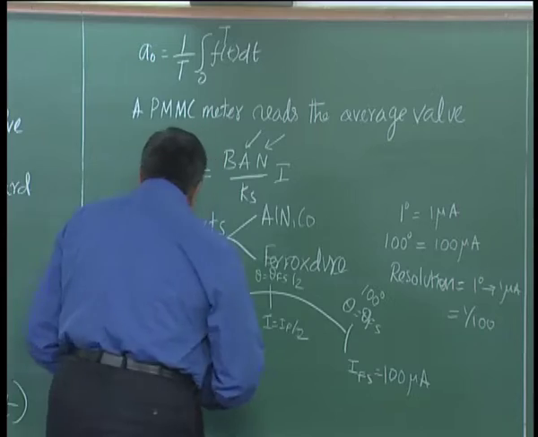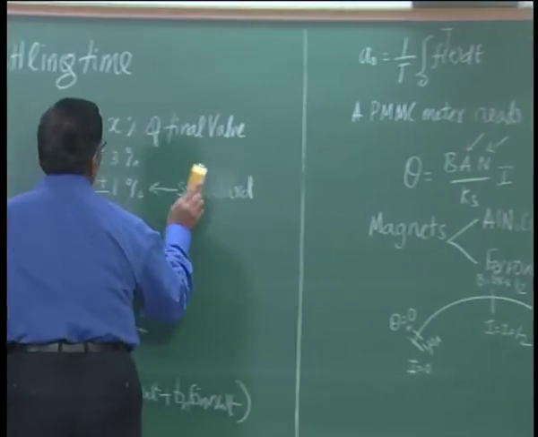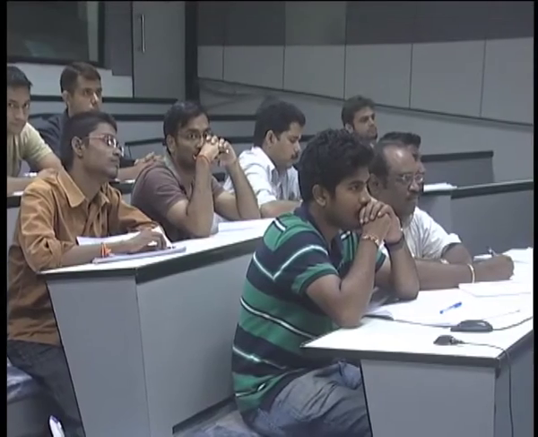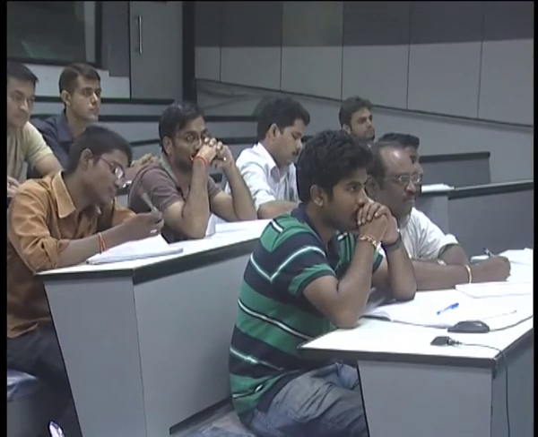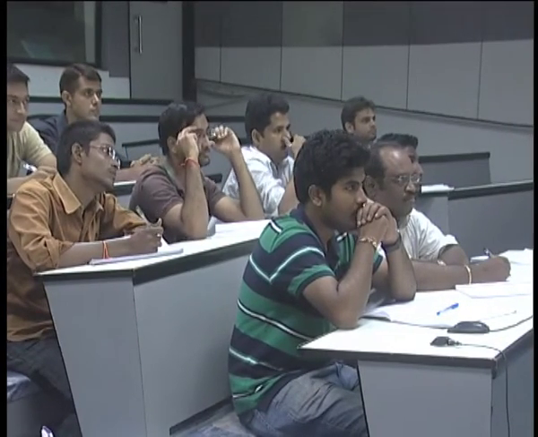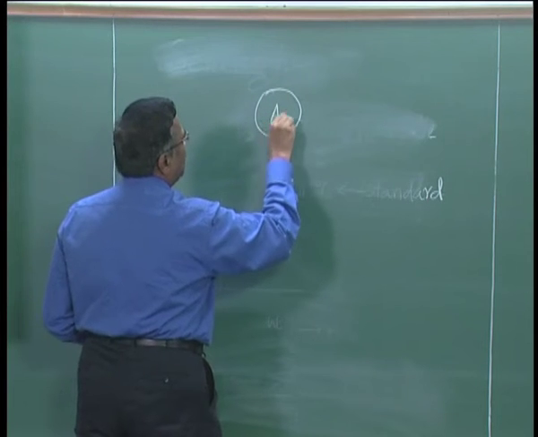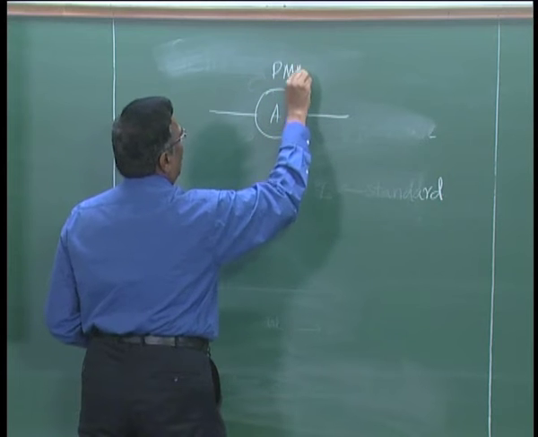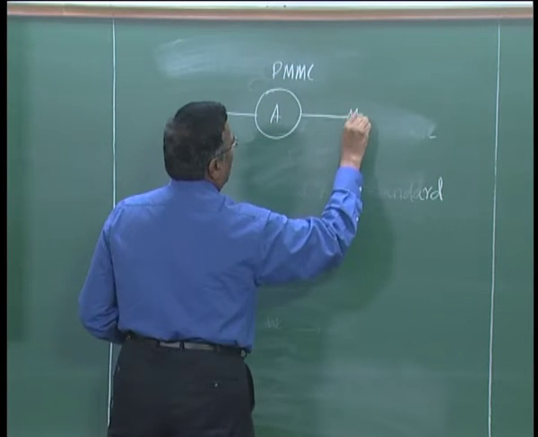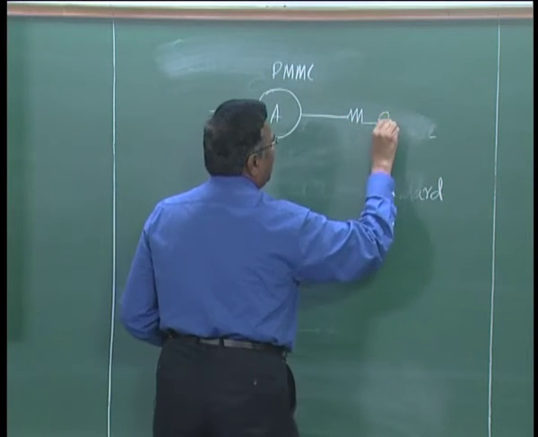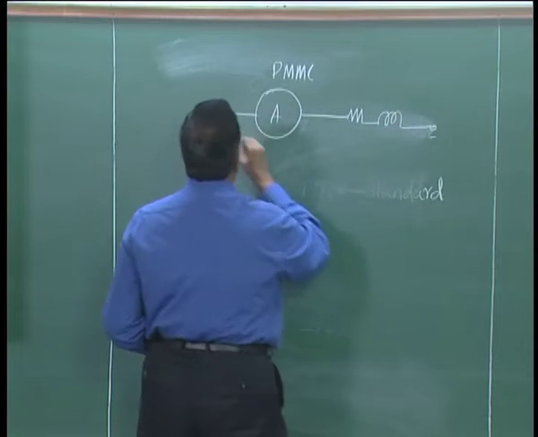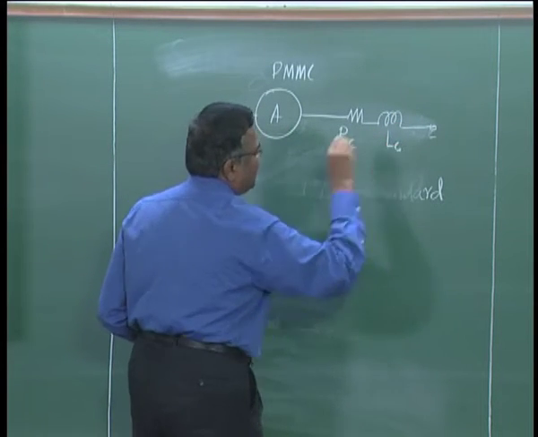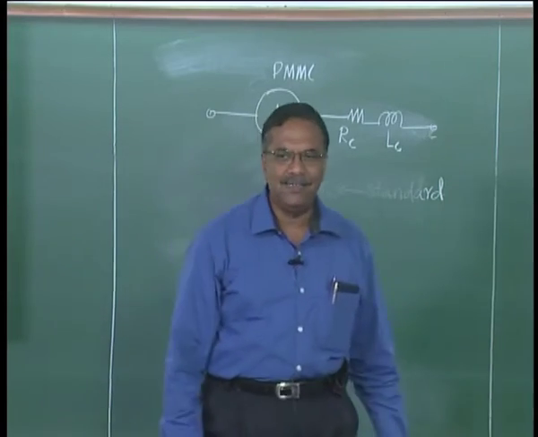So if I look at the overall meter, I have an ammeter, that is a PMMC meter, the meter is made of a coil. So obviously I have a resistance of the coil and the inductance of the coil.